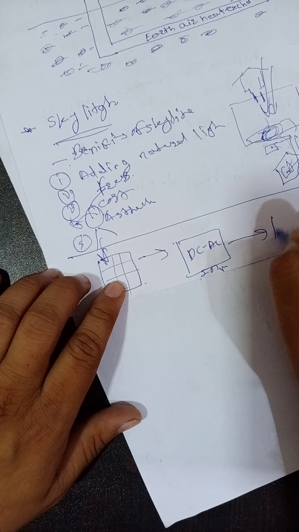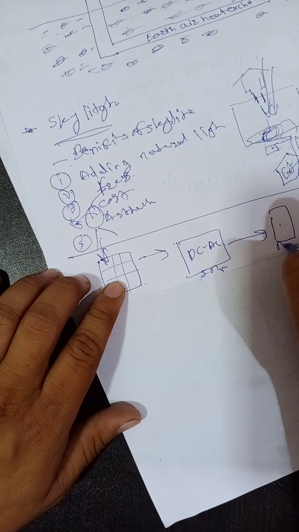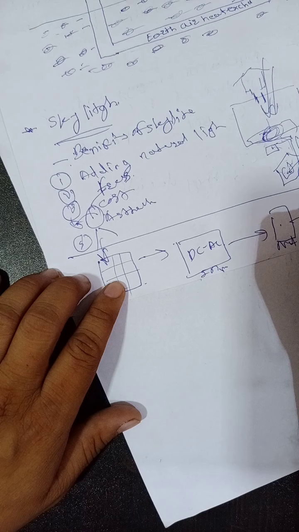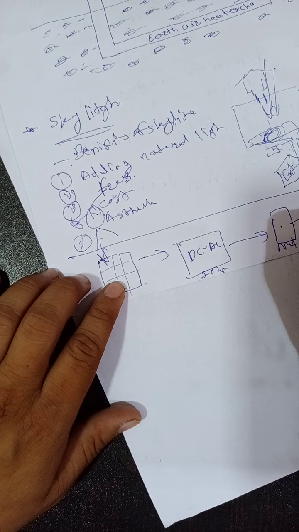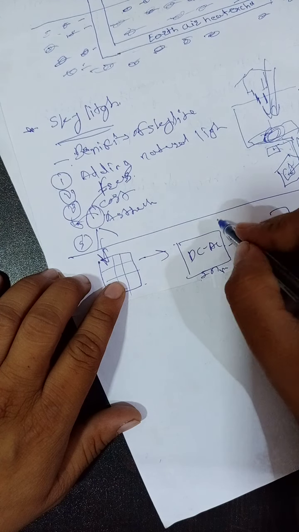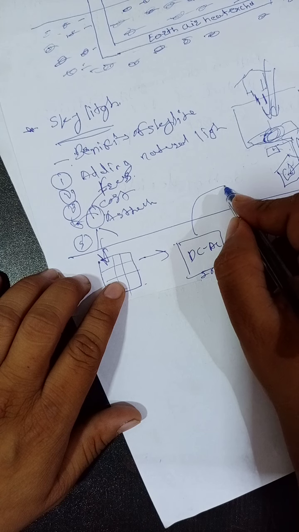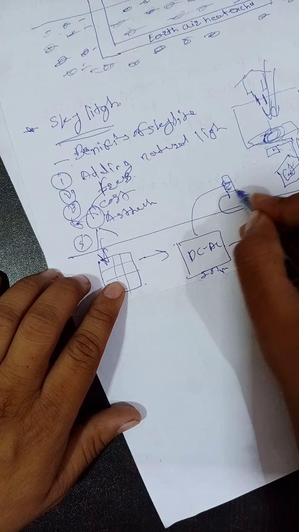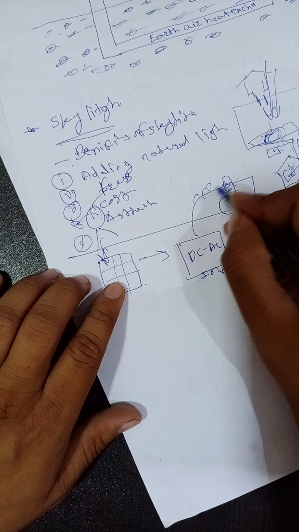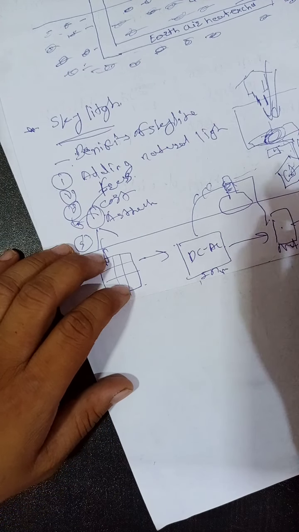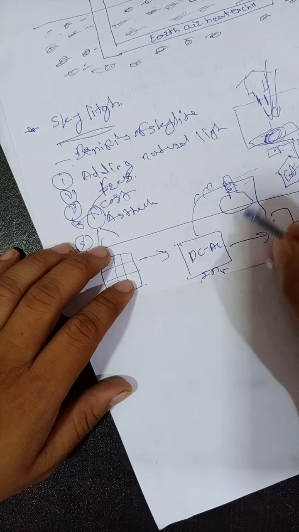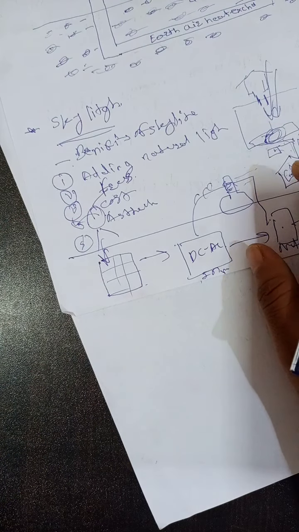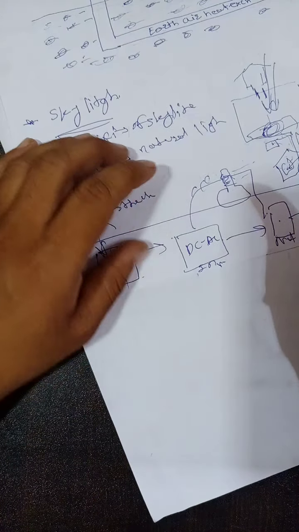See here, this is the net meter, and this is the grid, and we can utilize this household device, suppose this is a bulb. Okay, see here, this is all about the photovoltaic system.